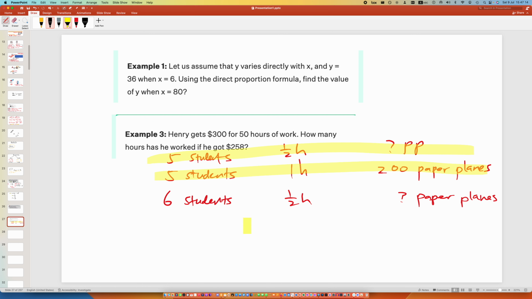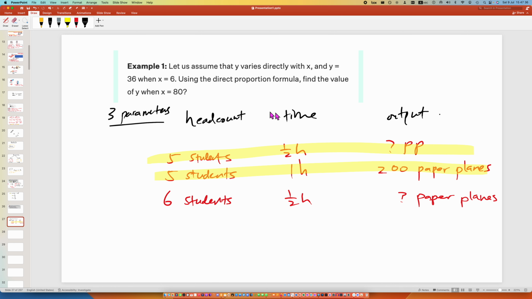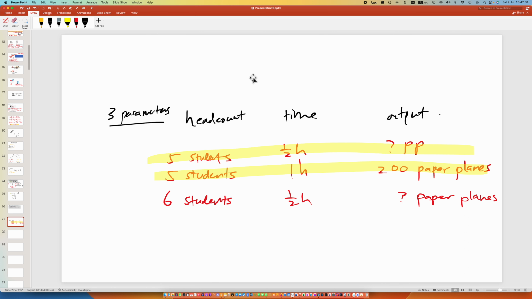Can you see that basically you have head count, time, output. So I call these 3 parameters.